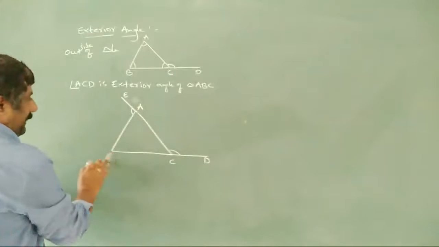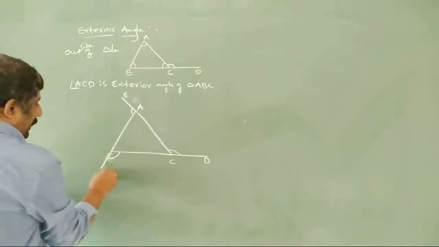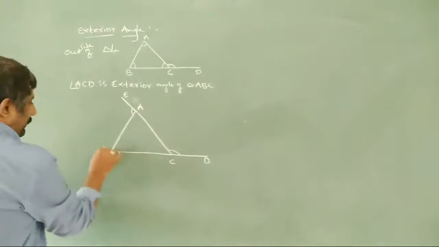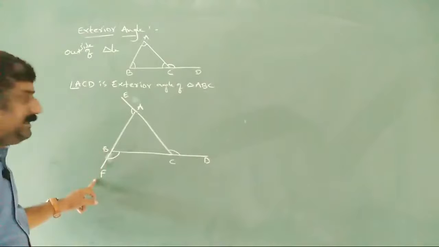One more we have here, we are extending this, and here also one angle is forming, make it as F. So angle CBF is an exterior angle.